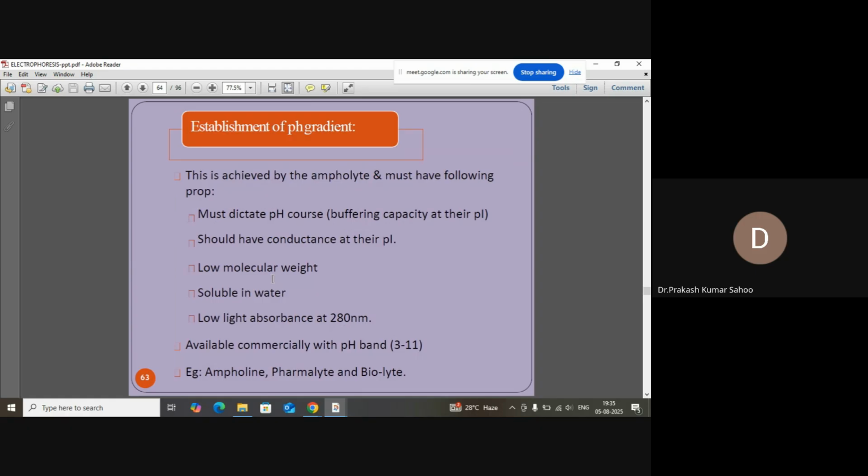Then for establishing the pH gradient, we have the ampholytes, that is neither basic nor acidic, must have good buffering capacity at their pH, good conductance at their pH, then low molecular weight, solubility in water, low light absorbance at 280 nanometer, available commercially with a pH band of 3 to 11. Examples are Ampholine, Pharmalyte, and Biolyte.